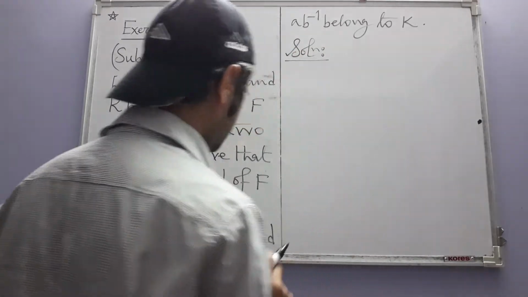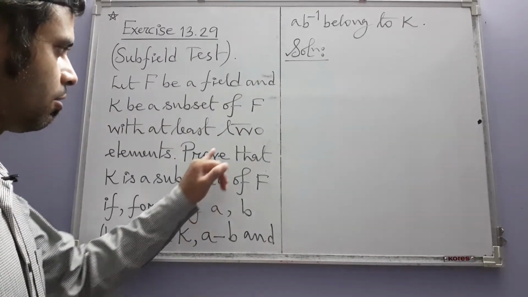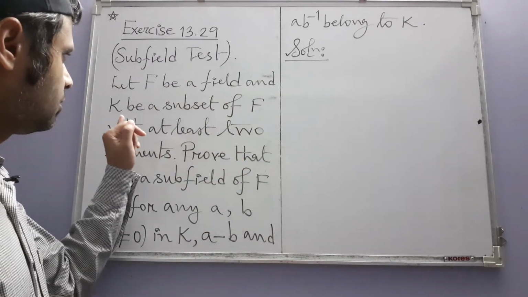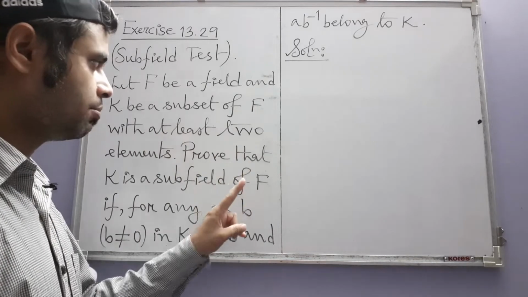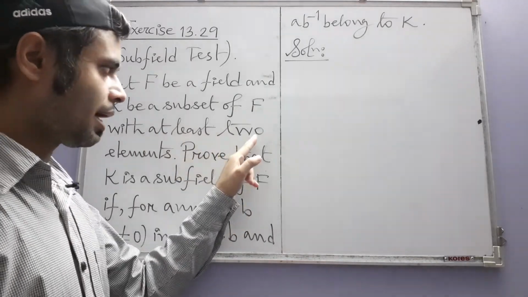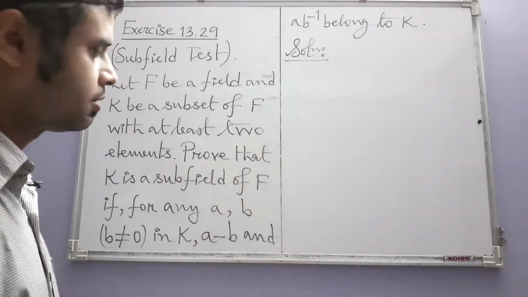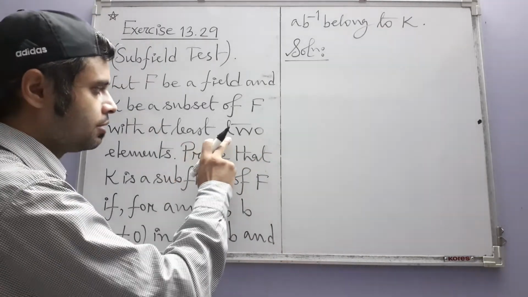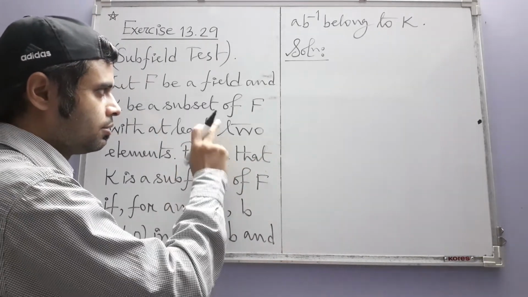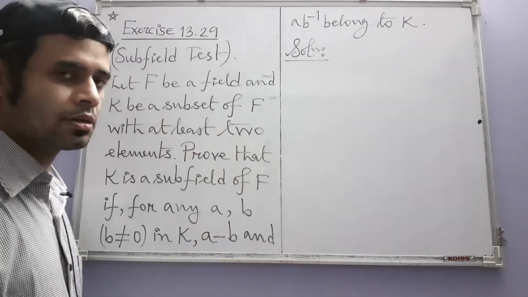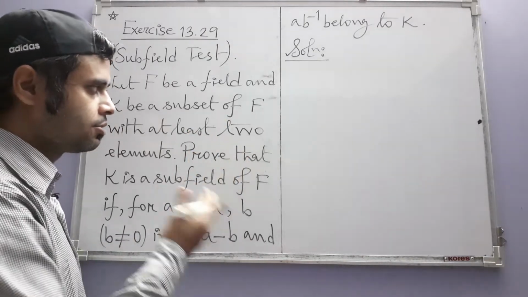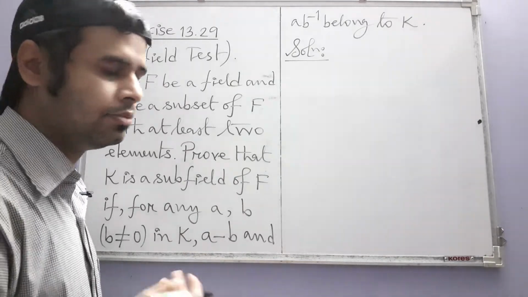Now we start off by observing that K has at least two elements. This hypothesis we will not fully use right now. Right now the only thing we need is that K is a non-empty subset of F. If it has at least two elements, then of course it has something.